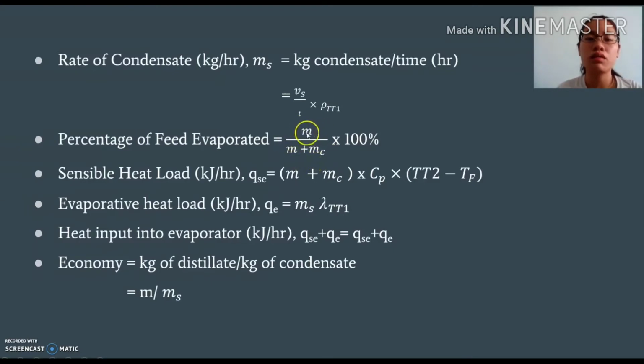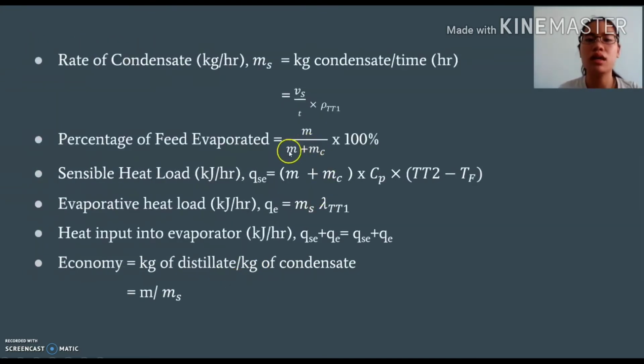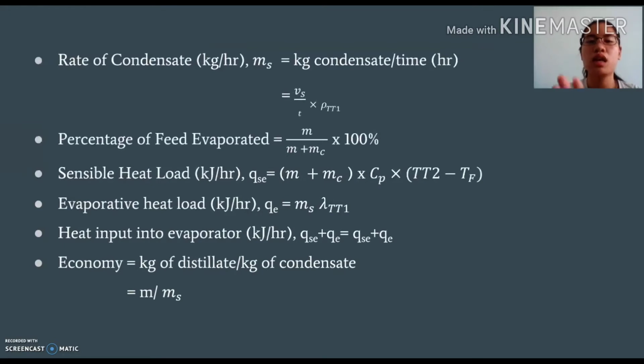So of course we divide mass of distillate by the mass of concentrate plus mass of distillate, because the total of mass of concentrate plus mass of distillate is the feed mass flow rate. As you all know, mass in equals mass out, and we multiply it by 100%.